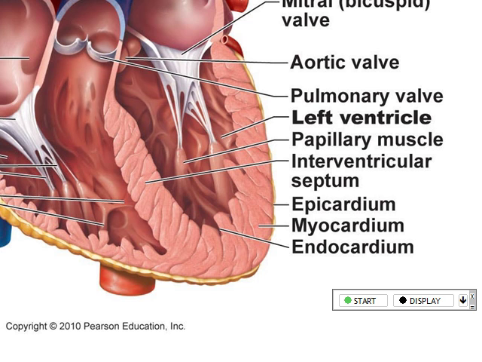This is the right ventricle. Notice it's separated from the left ventricle. Yes? That's called the interventricular wall or septum.